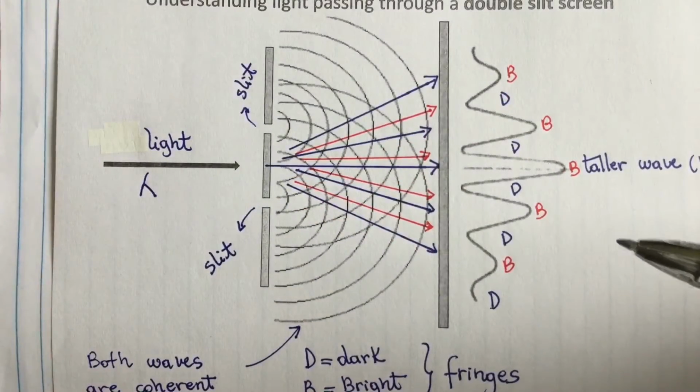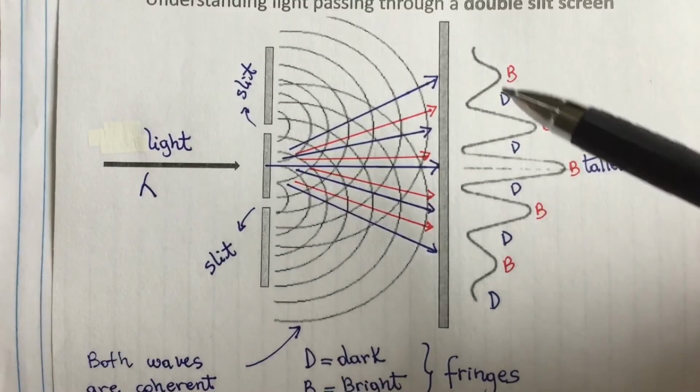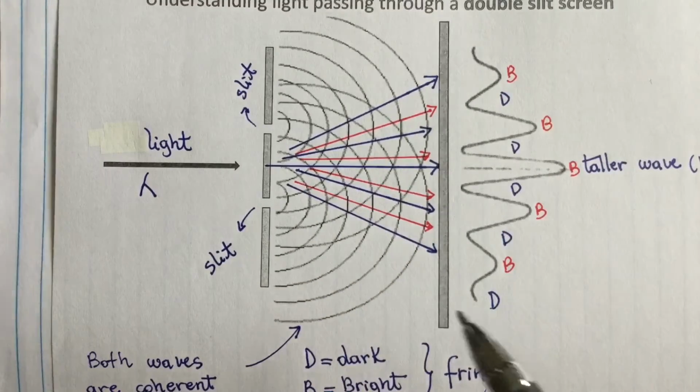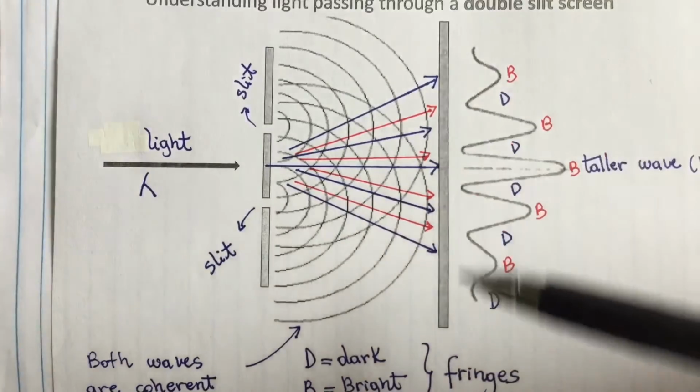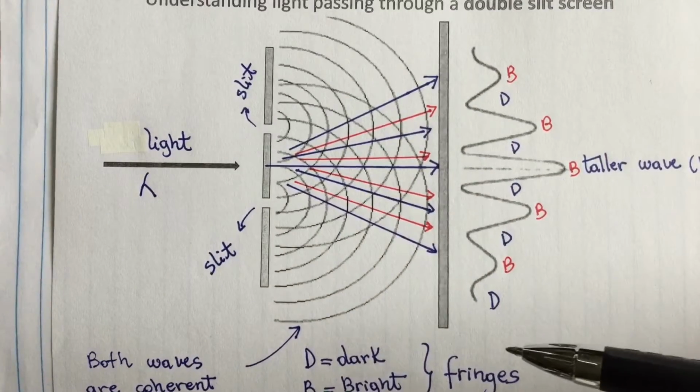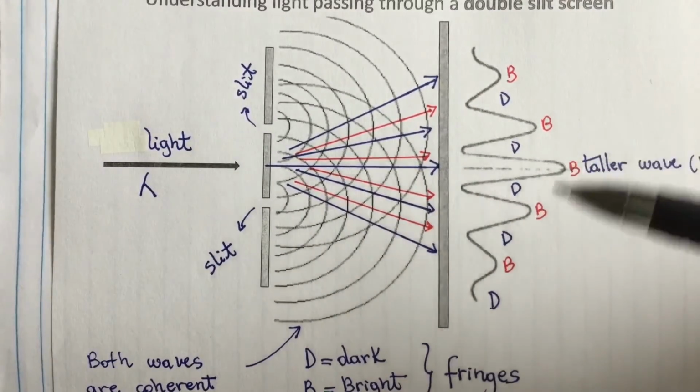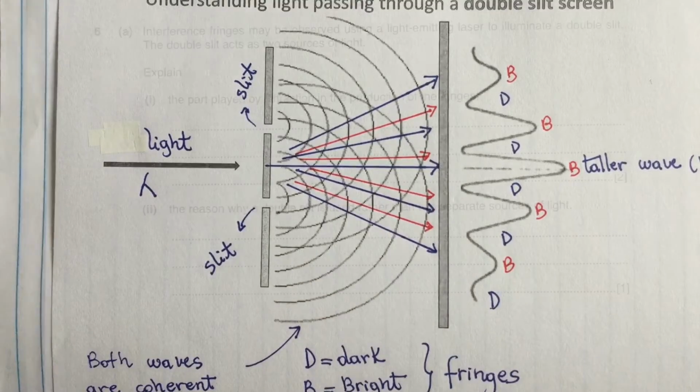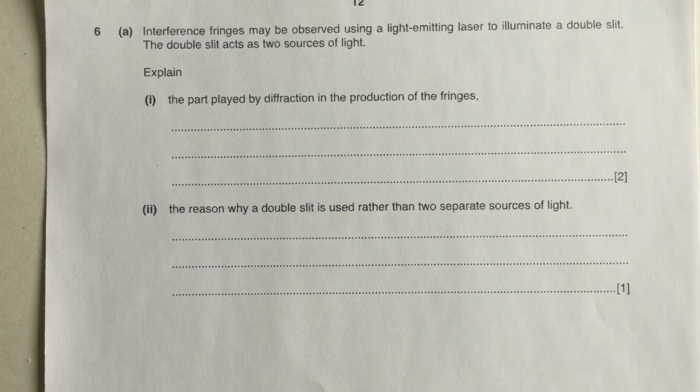As a result of the superposition, the resultant wave will be projected on this screen in the form of bright and dark spots or fringes. After this quick review, now I'm going to write the answer for these questions.